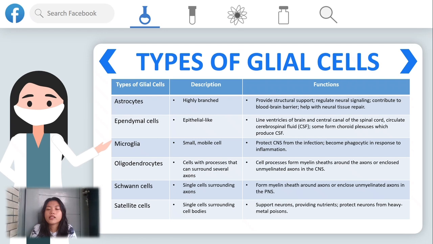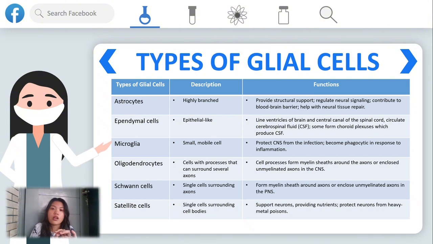The cell processes form myelin sheath around the axons or enclose unmyelinated axons in the CNS. Schwann cells are the same as the oligodendrocytes, it's just that this one is from the PNS. And then the satellite cells, single cells surrounding cell bodies, and they support neurons, provide nutrients, and protect neurons from heavy metal poisons.